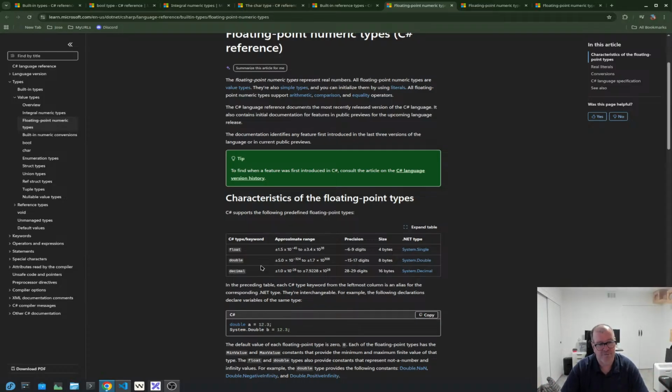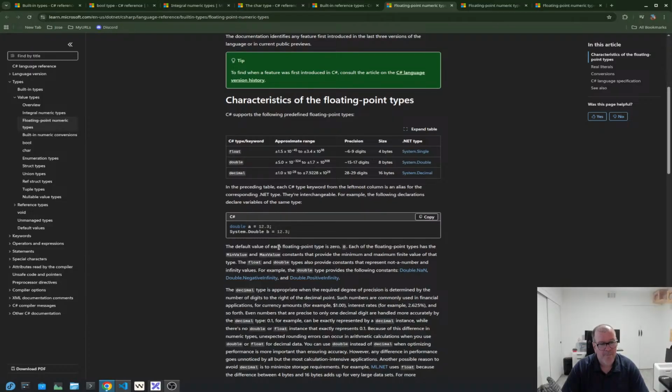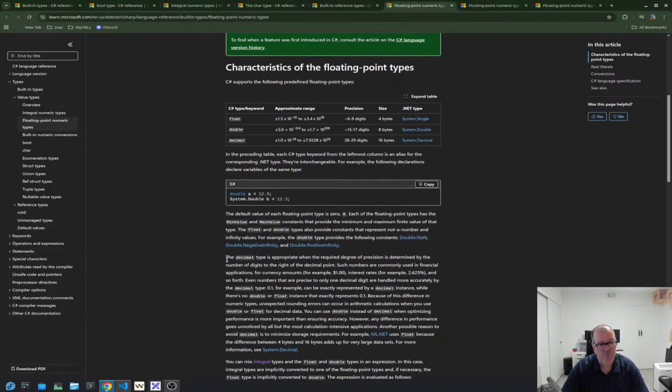Is that why I have three different types? Probably here it is going to explain: the decimal type is appropriate when the required degree of precision is determined by the number of digits to the right of the decimal point, such as in financial applications. So what you need to take from this is that every time you're going to store a salary, a price, something that is currency, define the type as decimal. If you're going to do something scientific, then you can decide between float and double.